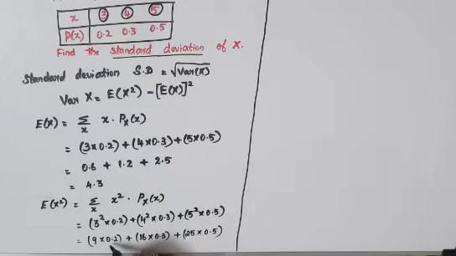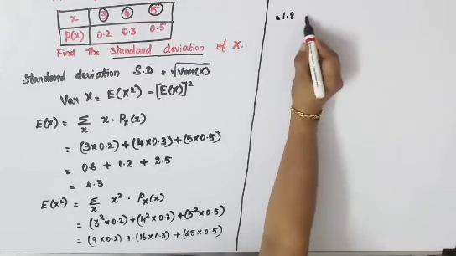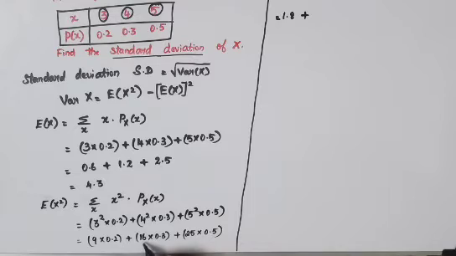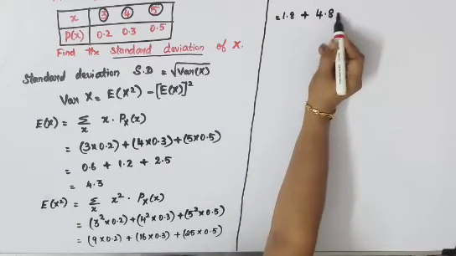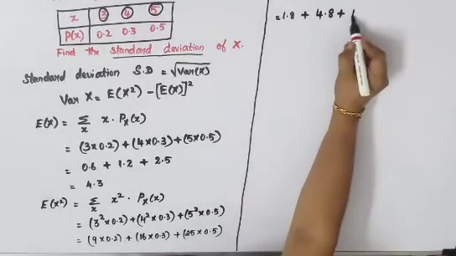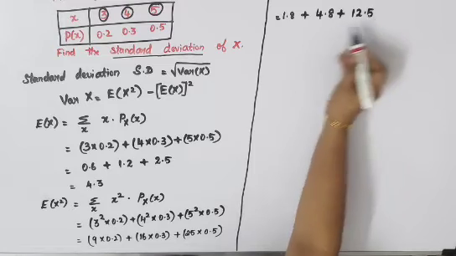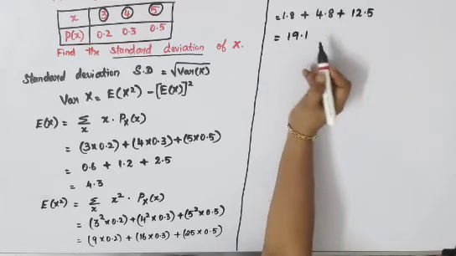So 9 into 0.2 will be 1.8, plus 16 into 0.3 will be 4.8, plus 25 into 0.5 you'll get 12.5. Adding all these three numbers you'll get 19.1.